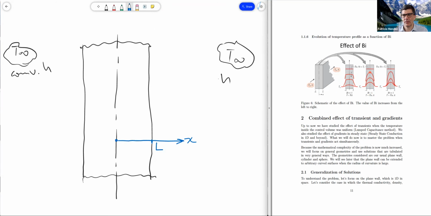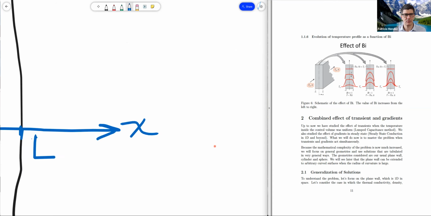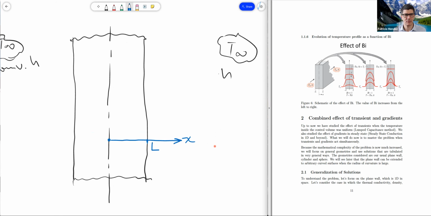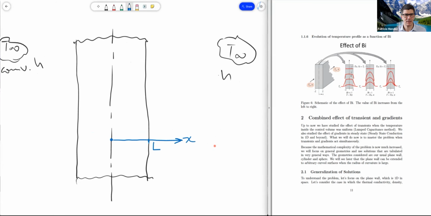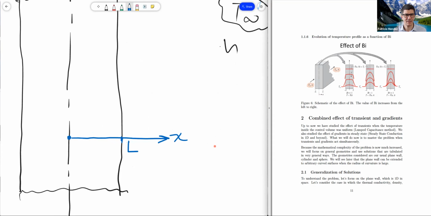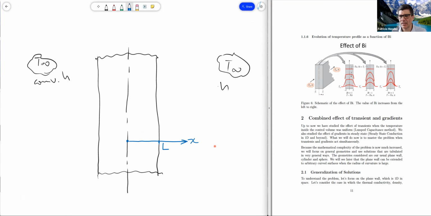Can anybody tell me, when the slope at the center is 0, what the heat transfer by conduction is at that point in the center of the wall? If the slope is 0, what is the heat transfer by conduction? Okay, so it's 0. The axis of symmetry is an adiabat, right?